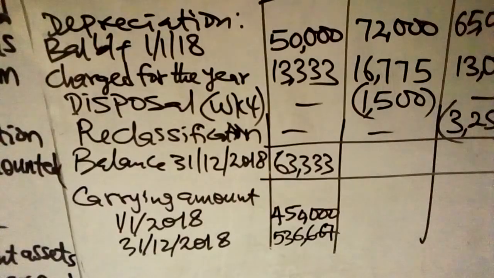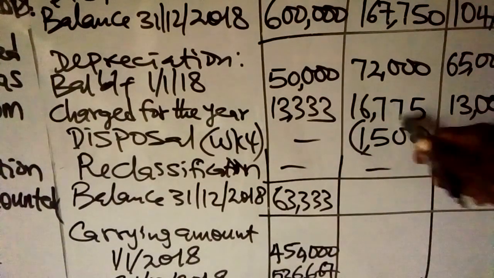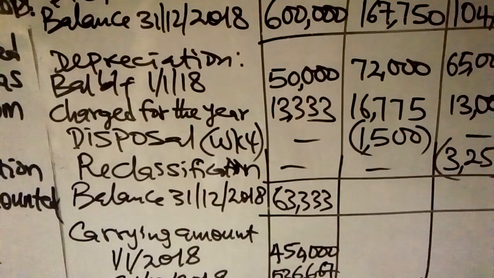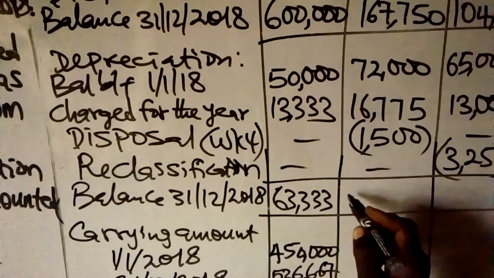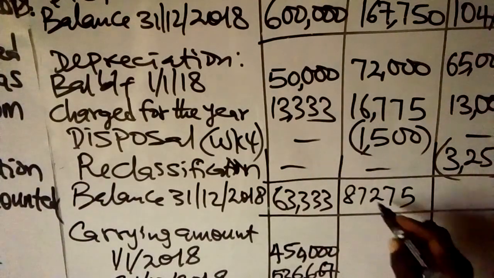Then when you sum up this depreciation column, 72,000 plus 16,775 minus 1,500, you have 87,275.